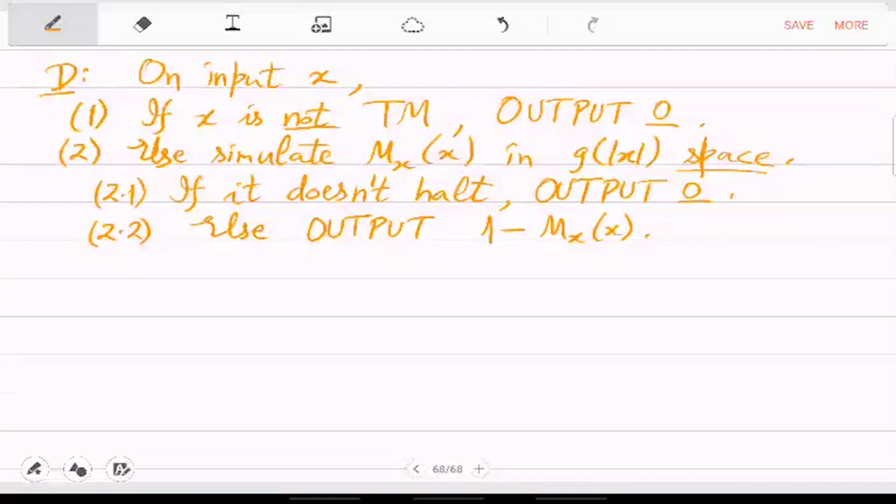Okay, so since the simulation can be done in almost the same space, you can finish the proof. So I leave that as an exercise.